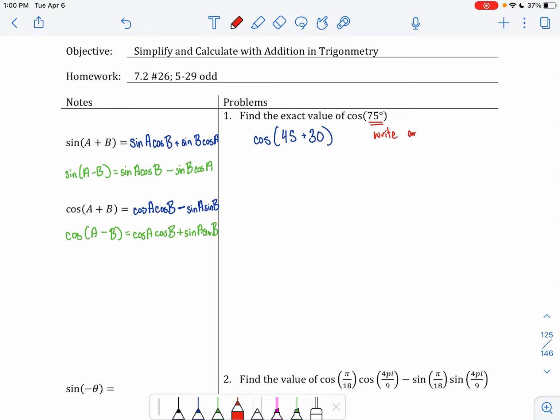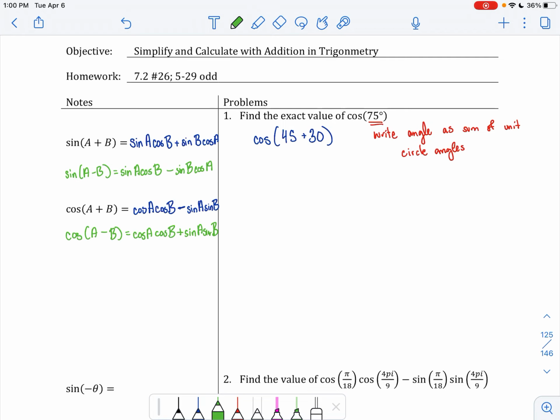All right, to write the angle as a sum or a difference of your unit circle angles. So anything 30, 60, 90, 45, anything like that. Then what you want to do is expand using the formula.